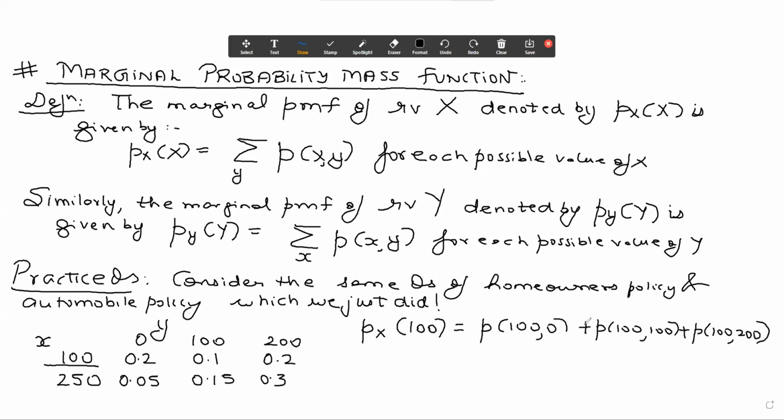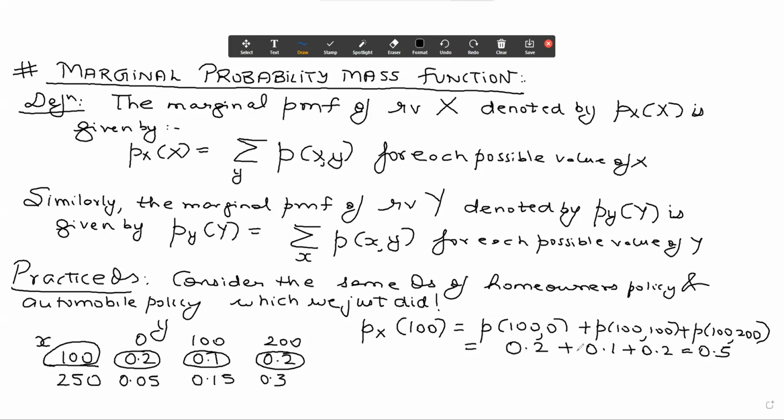So what am I doing? I have fixed the value of X and I am adding the probabilities over Y. So 0.2 plus 0.1 plus 0.2, which is 0.5.